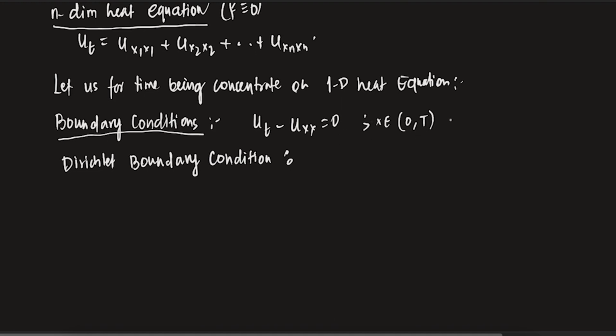Of course, l can be infinity, but for now let's just say l is positive and x is chosen from (0, l). So the Dirichlet boundary condition is u at (0, t) equals u at (l, t) equals 0. So x I am choosing from 0 to l.